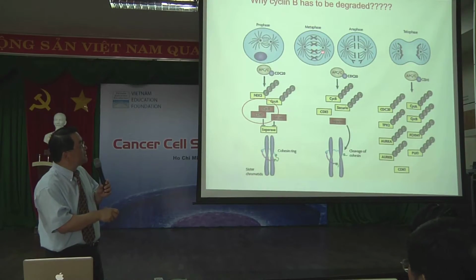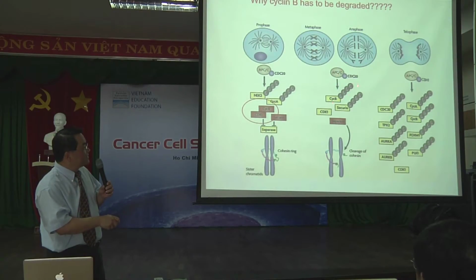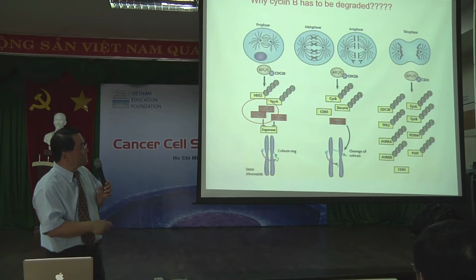But once the cell goes from metaphase to anaphase, these become activated. By now, cyclin B gets ubiquitinated, securin gets ubiquitinated, and then the securin gets degraded, and separase becomes activated. They'll cleave the cohesin ring. The cohesin ring gets cleaved, the sister chromatids are released, and they start separating.